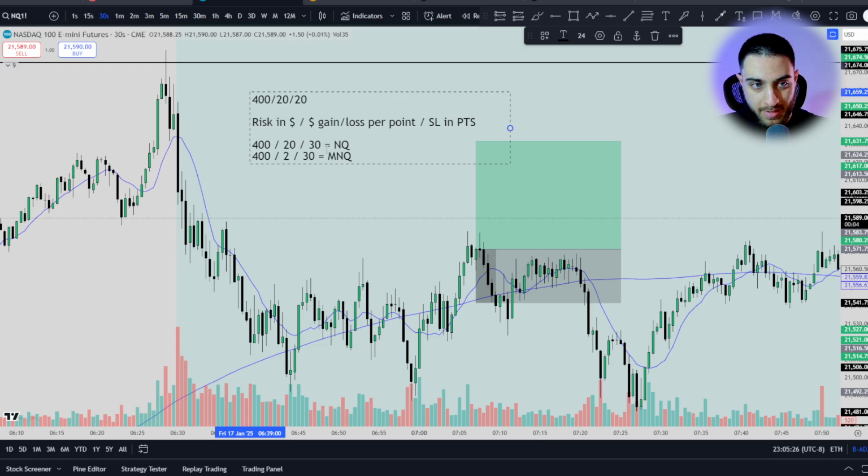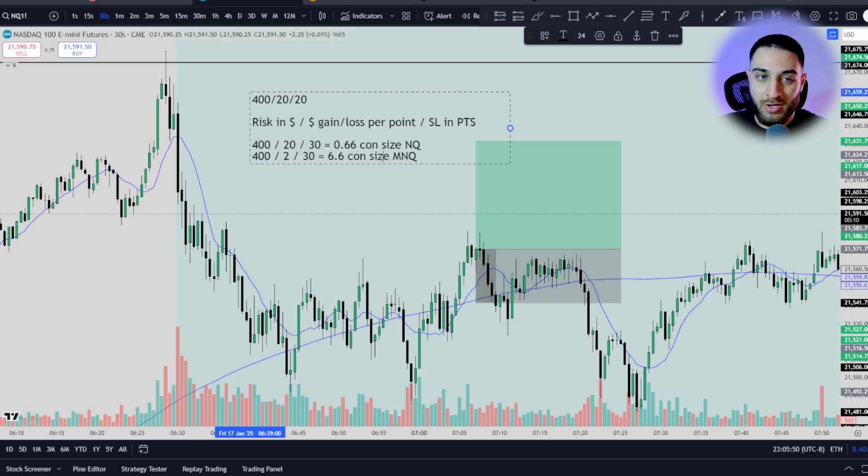Now, this originally gave us 0.66 contract size. This one will give us 6.6 contract size, right? It's the same thing multiplied by 10, because the gain or loss per point is divided by 10. It's the opposite, so you don't have to do the math again.